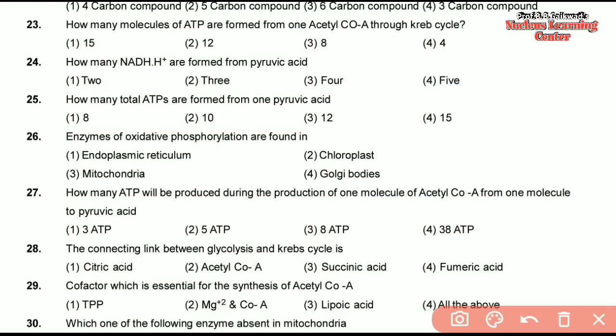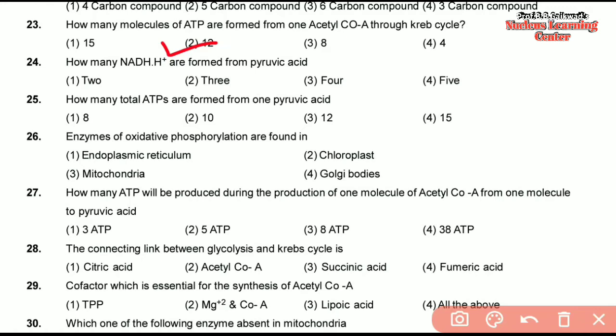In one complete turn of Krebs cycle, there is a formation of 12 ATP molecules from one acetyl-CoA molecule.